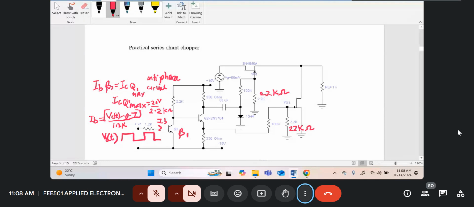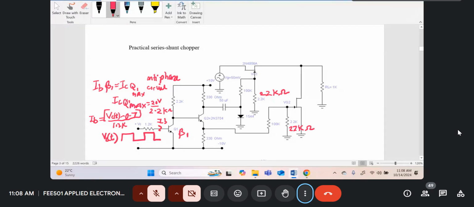If you're designing the components, this is the equation that must apply. You must ensure that when the base current flows, base current times beta should be greater than the current required to saturate that circuit, because we are not designing an amplifier here, we're designing a switching circuit.